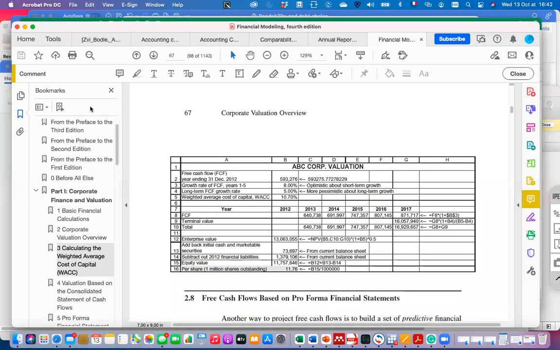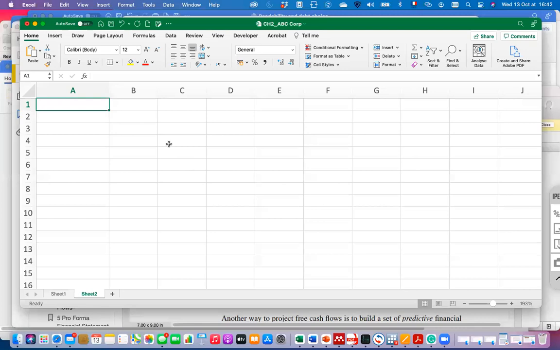Our first cell, I just put ABC Corporation Valuation.